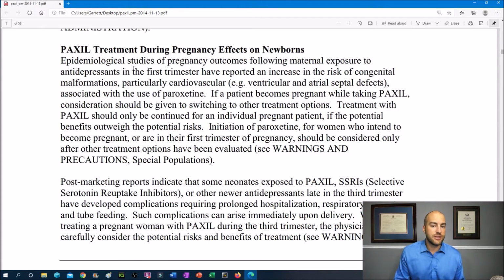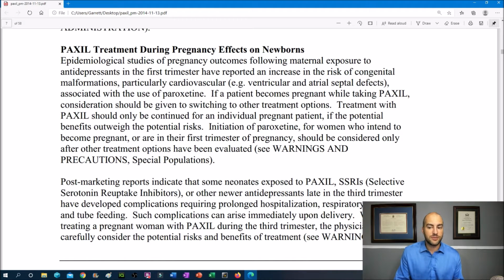Paxil treatment during pregnancy, effects on newborns. Epidemiological studies of pregnancy outcomes following maternal exposure to antidepressants in the first trimester have reported an increase in the risk of congenital malformations, particularly cardiovascular, so ventricular and atrial septal defects, associated with the use of paroxetine.